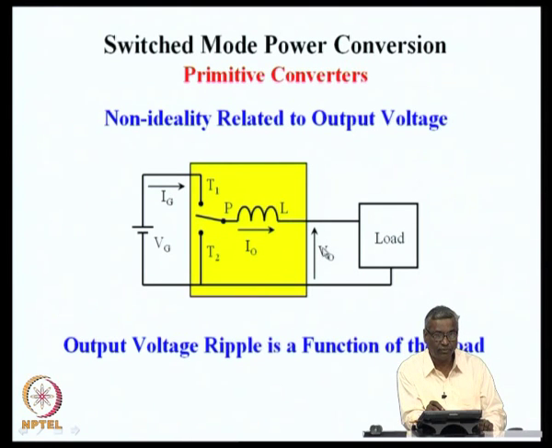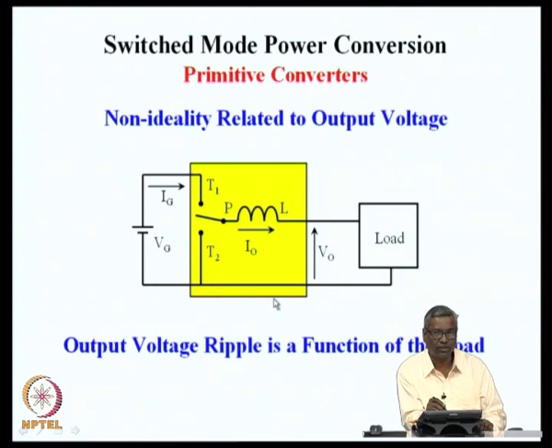So, we had seen up to now several performance measures. One of them is V naught by Vg, called the forward voltage gain. The second one was Ig by I naught, called the reverse current gain. We started with an ideal converter. We saw that these gains, the voltage transfer gain, are affected by the non-idealities in the switch, non-idealities in the source and so on.